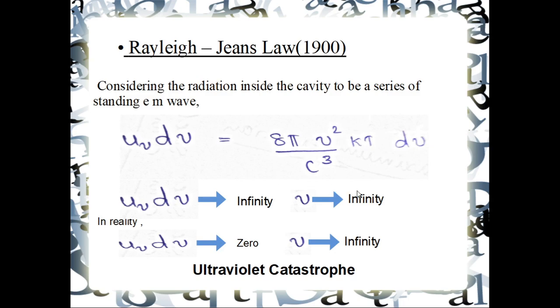In this expression, we can see that when nu tends to infinity, this u nu d nu also tends to infinity. That means we will be getting a shape like this. But in actual practice, we know that u nu d nu goes to 0 as nu tends to infinity. This is called the ultraviolet catastrophe.